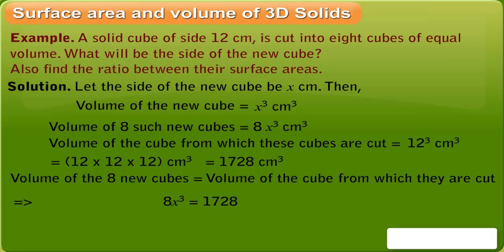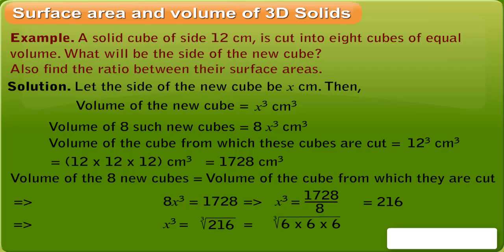So, this implies 8x cube is equal to 1728. This implies x cube is equal to 1728 divided by 8 is equal to 216. This implies x is equal to cube root of 216 equal to cube root of 6 into 6 into 6. This implies x is equal to 6.